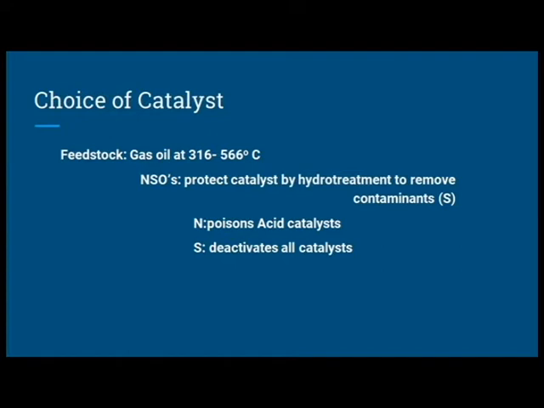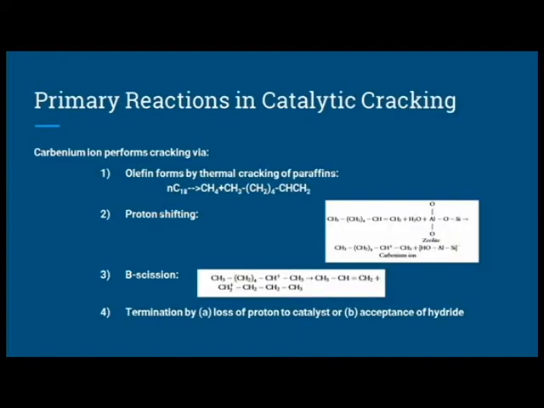From there, you have to deal with NSOs and, as mentioned before, the sulfur, which deactivates the catalyst. On these next slides, we also talk about the primary reactions in catalytic cracking, which we've covered in class, but we just wanted to mention that beta bond scission and proton shifting are primary steps.